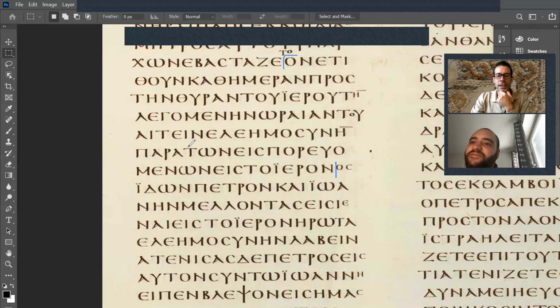Excellent. How about some of these other verbs or nouns? Okay, so the first one, I think it's tithemi, right? Mm-hmm. In the imperfect. They lay down. Kathemeran, accusative feminine. Pros ten thuran, also feminine accusative. To hiero, genitive masculine, or no, neuter.